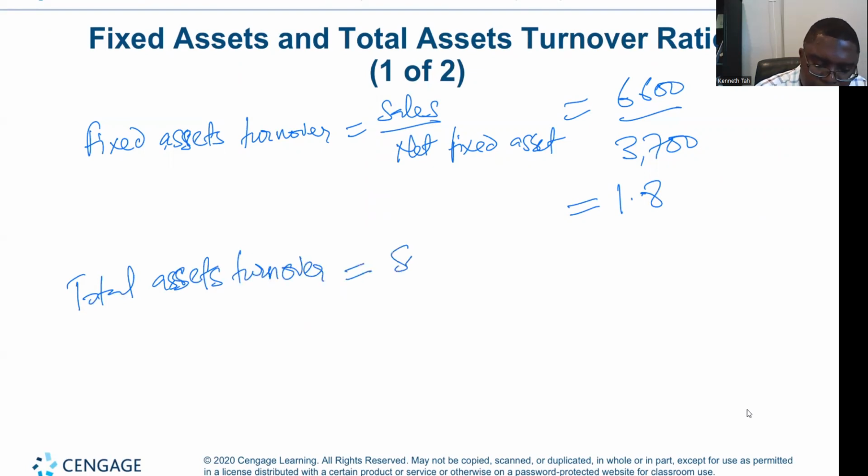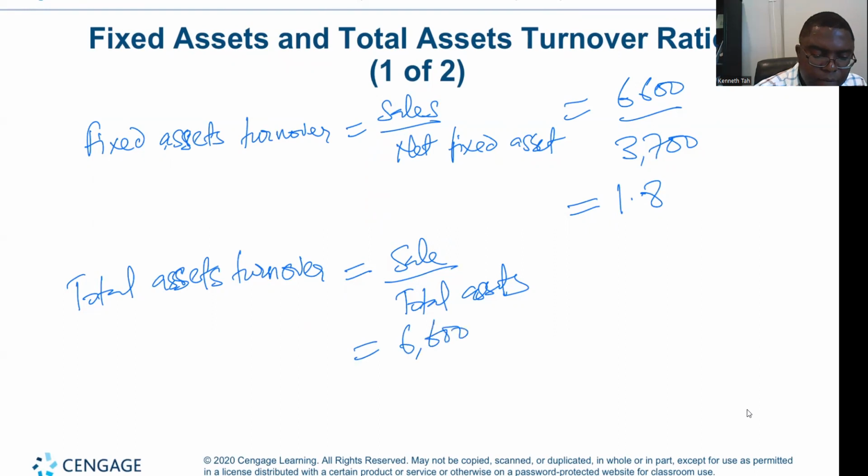Total asset turnover is sales divided by total assets. This measures the dollars in sales that are generated for each dollar that is tied up in assets. So if we look at sales, we will find 6,600 divided by total assets. Total assets is 5,000.